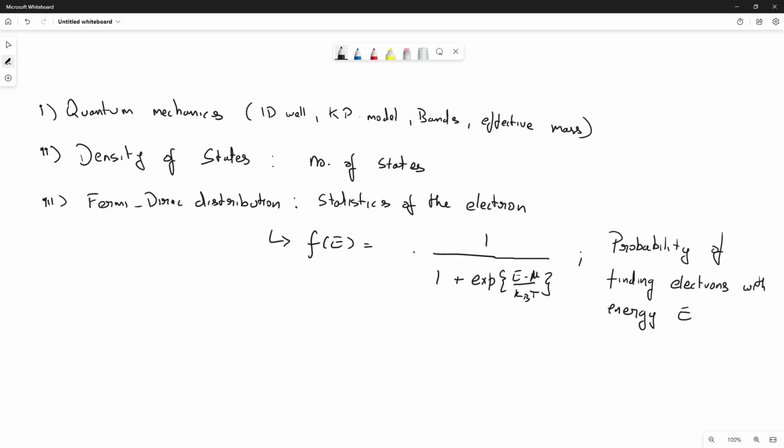So technically speaking, if I am writing this statement, I have to say E to E plus dE. Sorry, I've run out of room on the board. Let me make this more compact.